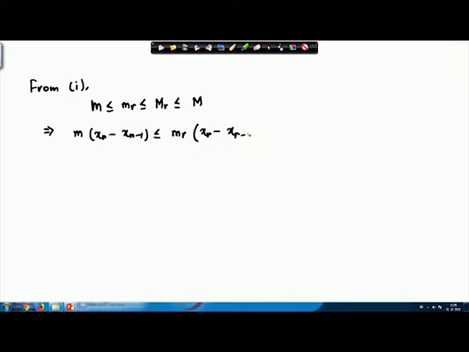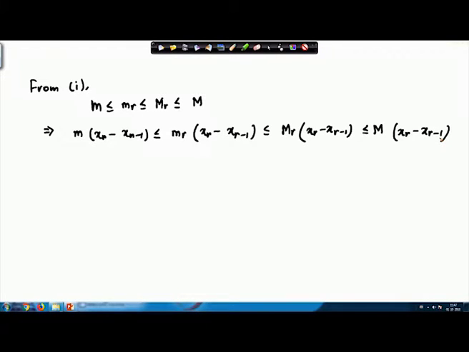As I was saying, xr and x(r-1) are both points on the real line, so their difference is also a real number.